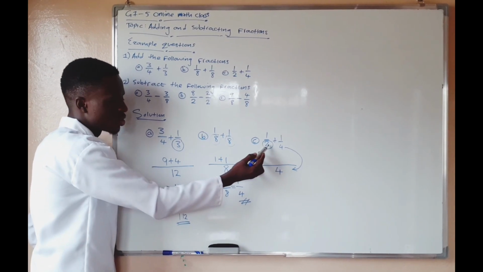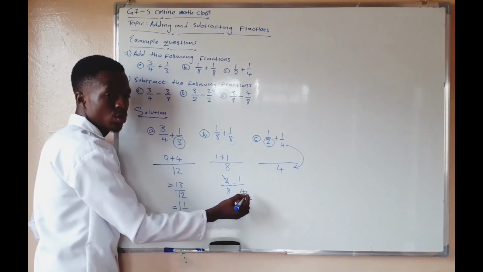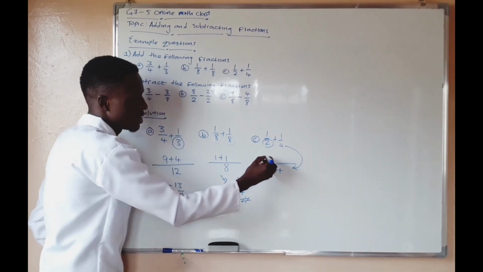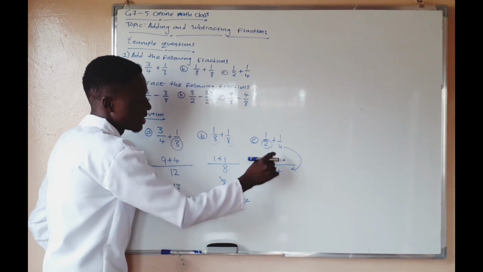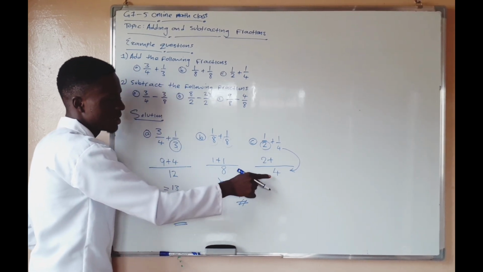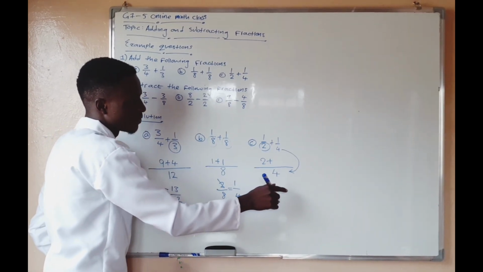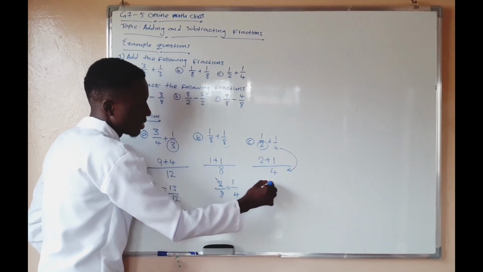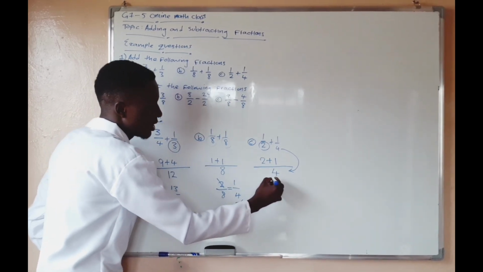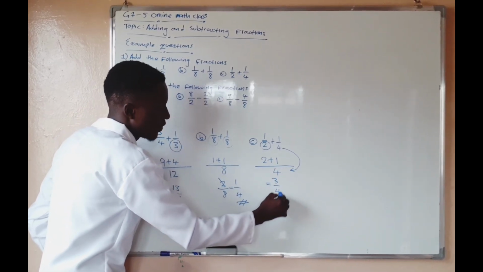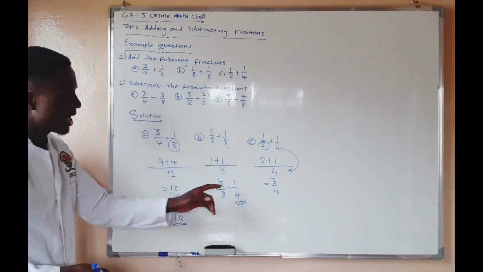How many times does 2 go into 4? 2. 2 multiplied by 1, 2. Plus 4 into 4, 1. 1 multiplied by 1, it's 1. What is 2 plus 1? 3 over 4. Okay, the same thing that happened here.